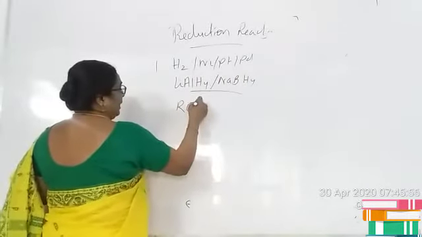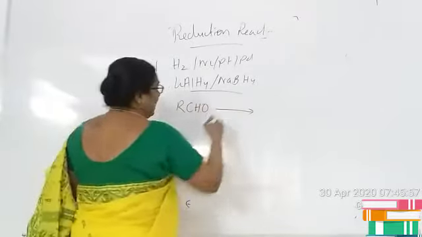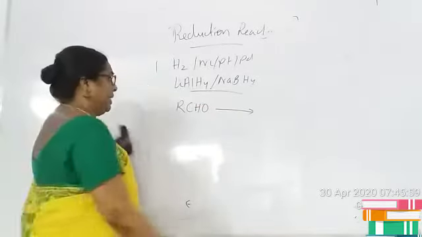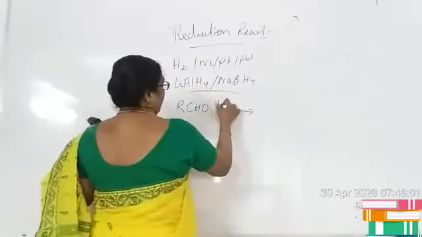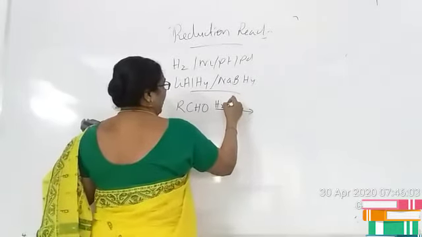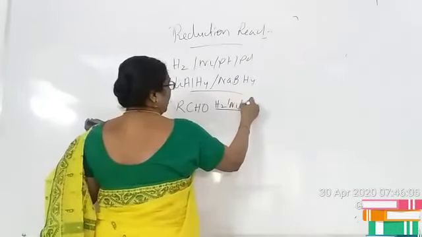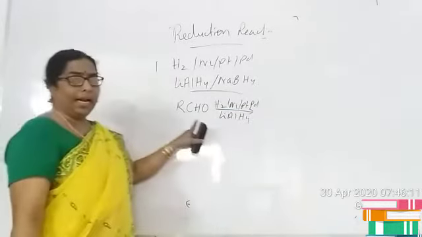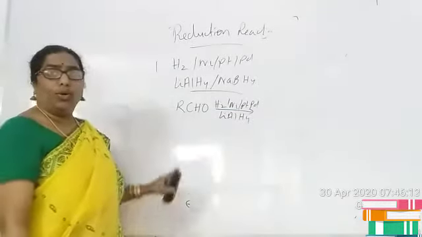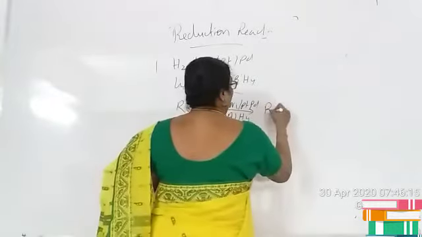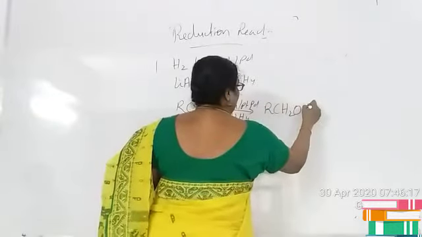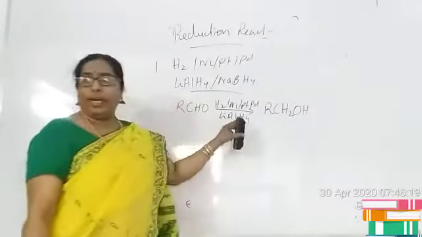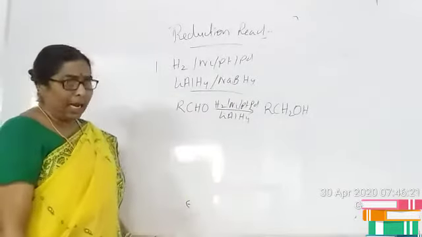If aldehydes undergo reduction with any of these reagents, the aldehyde produces a primary alcohol. Is it clear? Aldehydes on reduction will give you primary alcohol.